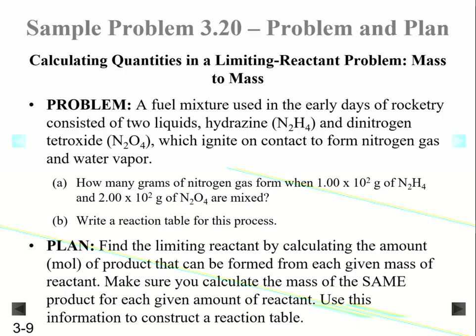It says find the limiting reactant by calculating the amount of product that you can form from each given mass of reactant. Make sure you calculate the mass of the same product for each given amount of reactant. Use this information to construct a table. And that's a very, very short overview of what we need to do, because we're going to need to do a series of things. Think for a moment what you would do with this problem.